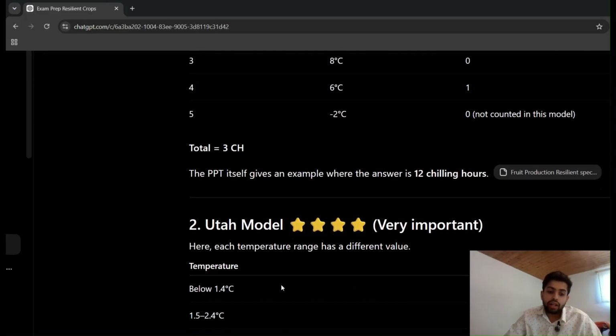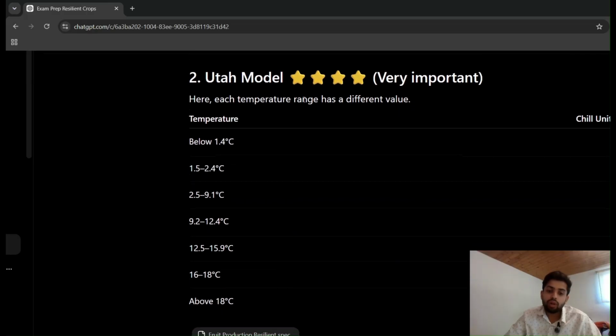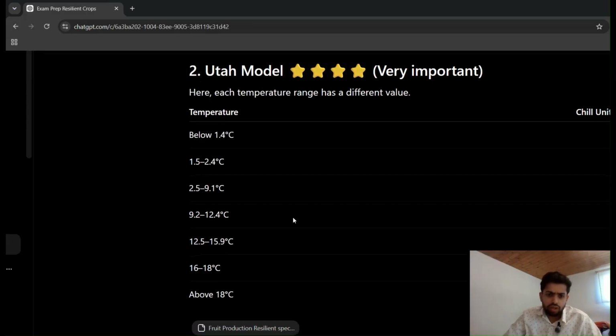Now the second model is the Utah model, which is also very famous and important, in which each temperature range has a different value. If it is below 1.4 degrees Celsius, the chilling unit is 0. If it is 1.5 to 2.4, it is plus 0.5.